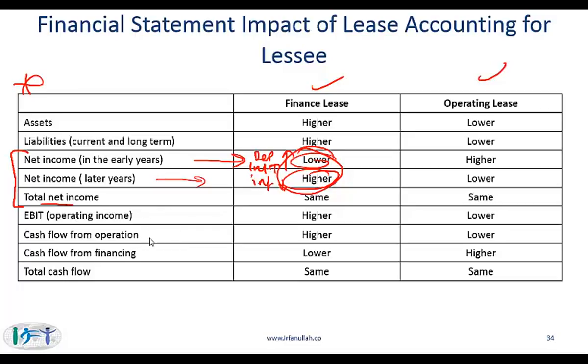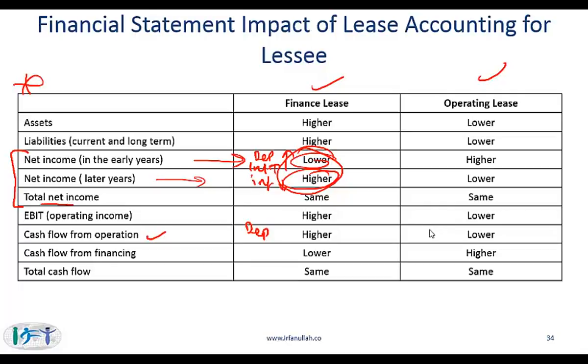So I'll just explain the CFO also. Remember that with a finance lease, we have 2 categories or 2 types of expenses, the depreciation expense and the interest expense. Whereas with the operating lease, we just have that operating lease expense.